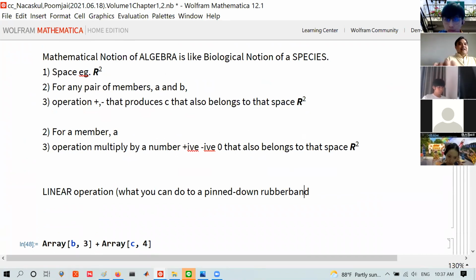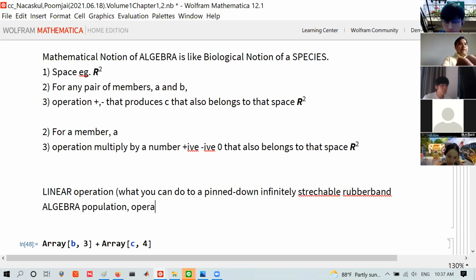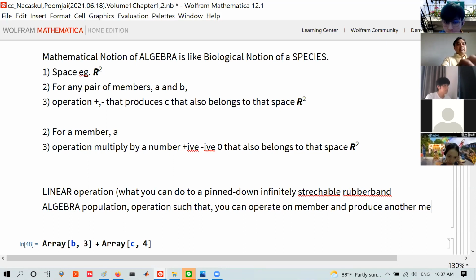But this rubber band is infinitely stretchable. Algebra is the notion of a population and operation such that you can operate on members and produce another member.